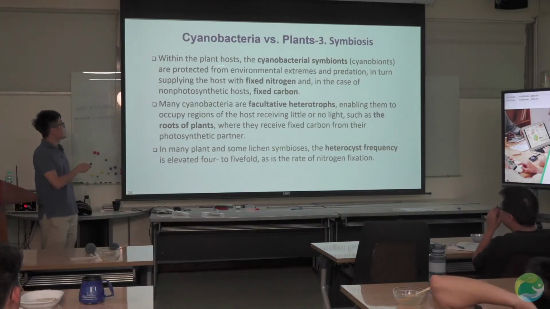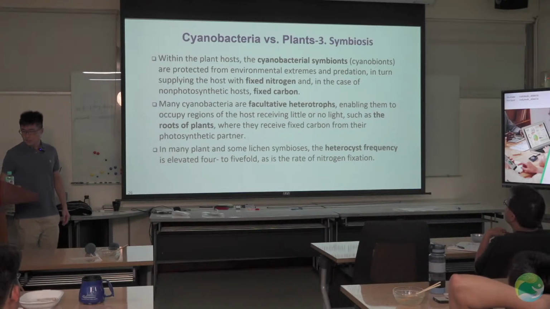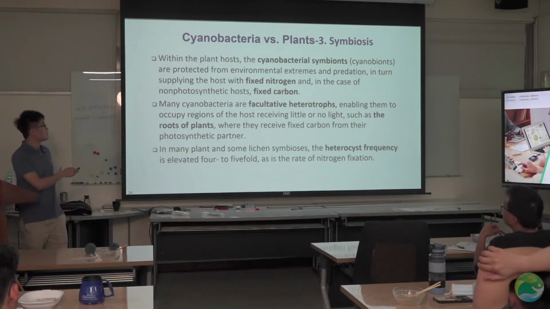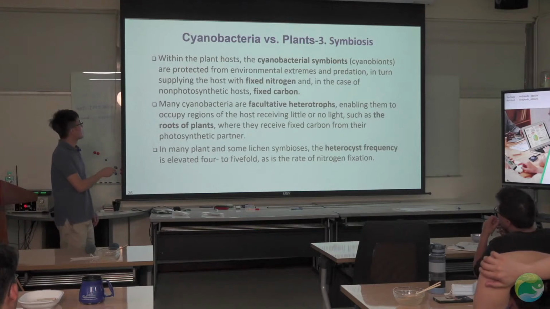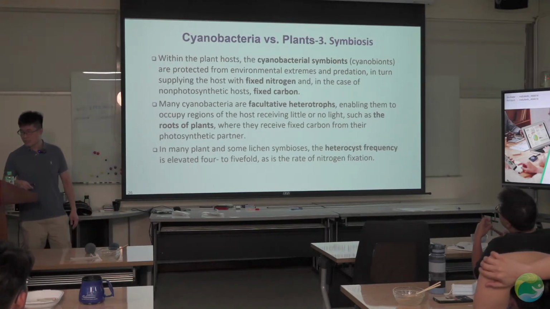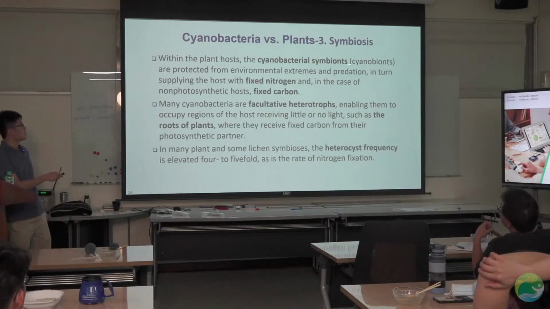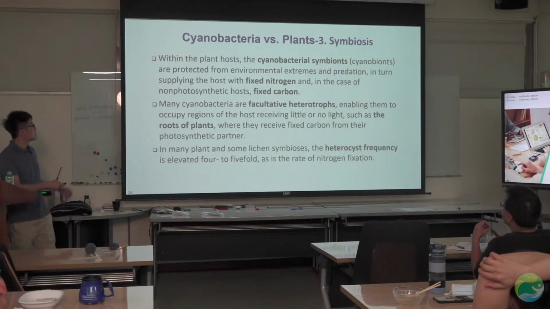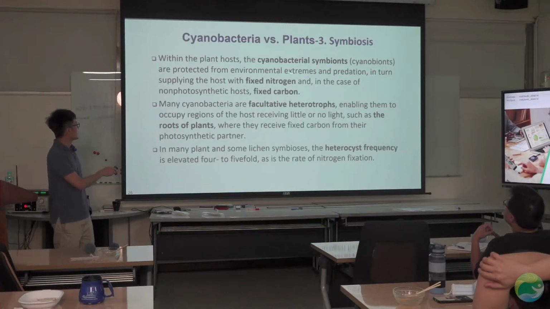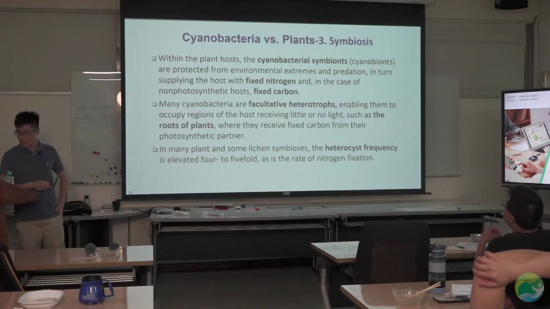So if cyanobacteria can fix nitrogen, in some ways they probably can also produce fixed nitrogen for plants. And that happens in some plants. They do symbiosis with cyanobacteria, called cyanobionts. So in that case, cyanobacteria provide plants fixed nitrogen, and plants provide them fixed carbon in return.